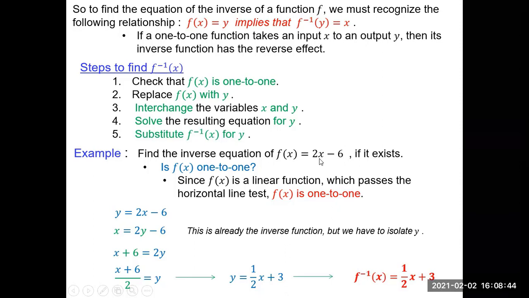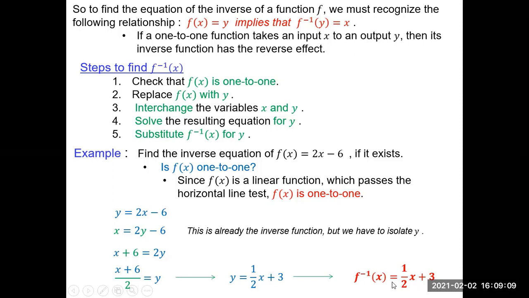So we could think about this in one particular way by just choosing for the original function 1 or 2 inputs. So let's go ahead and pick an input of 4. If we let x equal 4, then 2 times 4 is 8. 8 minus 6 is 2. So the input of 4 gave me an output of 2.